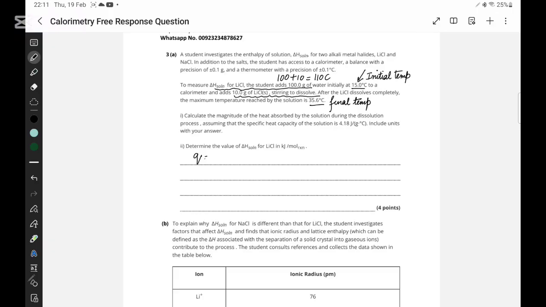If we want to find that, Q is equal to mc delta T. M is the mass, which is 110 grams, times the specific heat capacity, which is 4.18 for water, and delta T is going to be 36.5 minus 15.0 degrees Celsius. So it comes out to be 9470 joules, and that is 9.470 kilojoules.